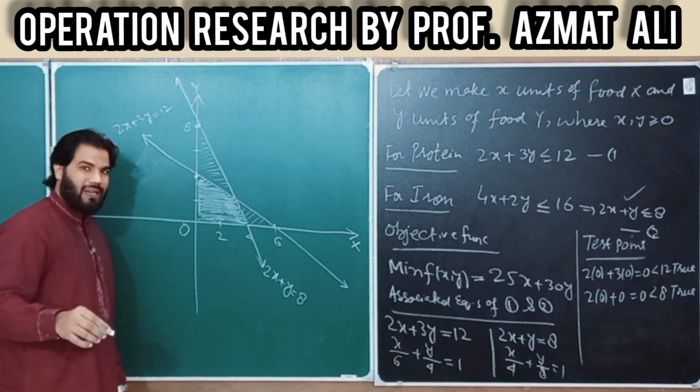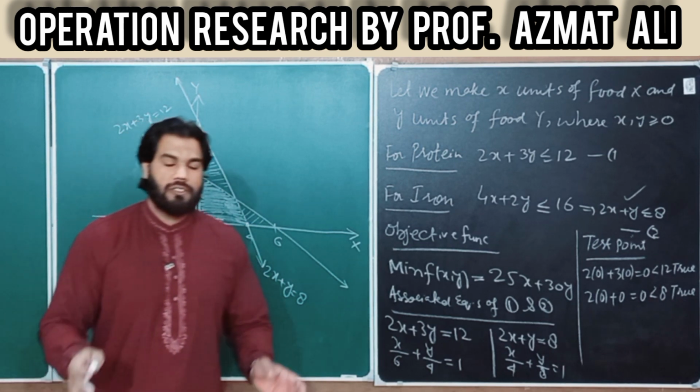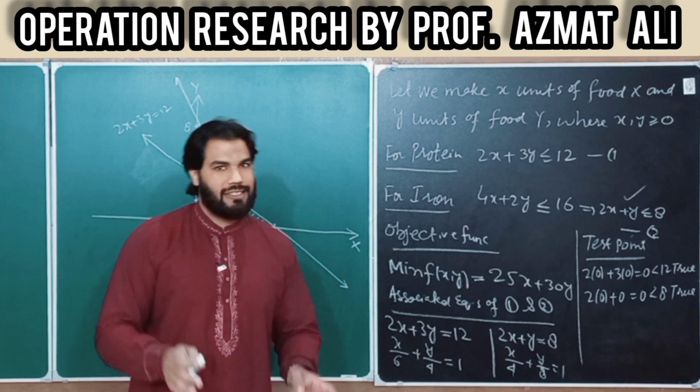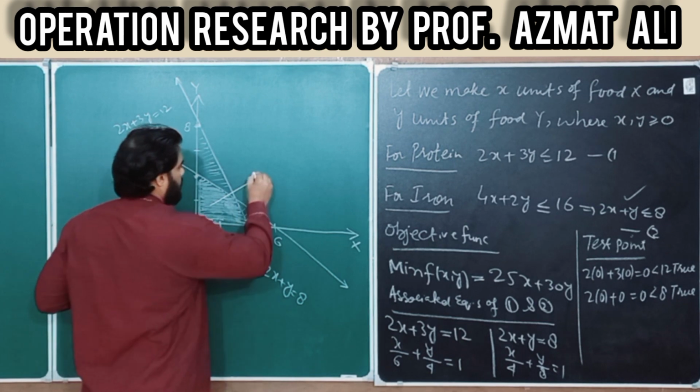So here our corner points are, you know that corner points are those points where the inequalities cut each other and cut the x intercept and y intercepts. This is the feasible region.